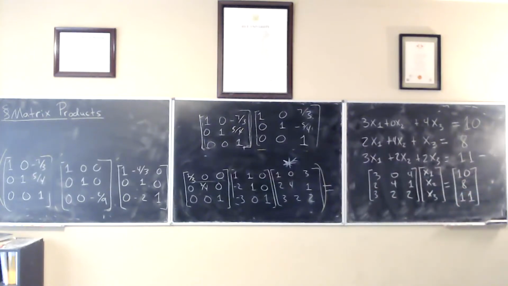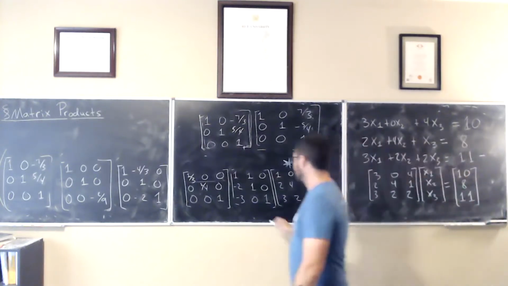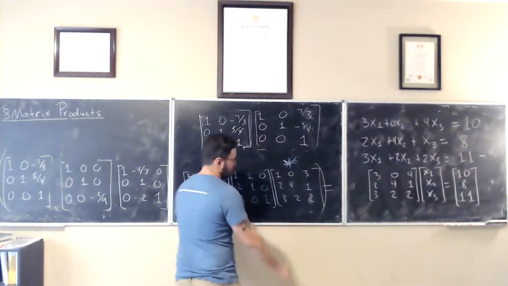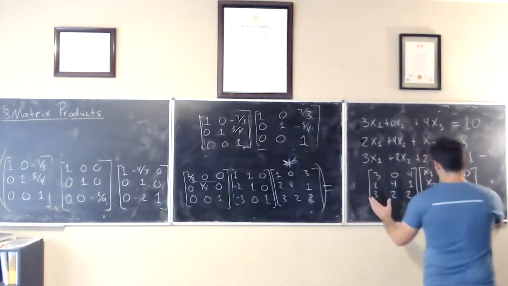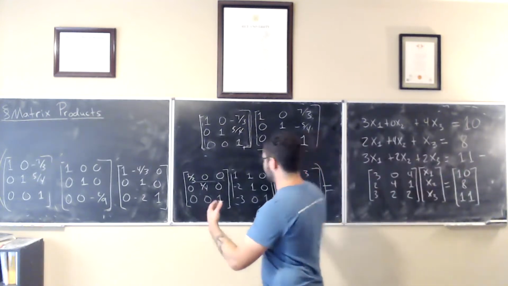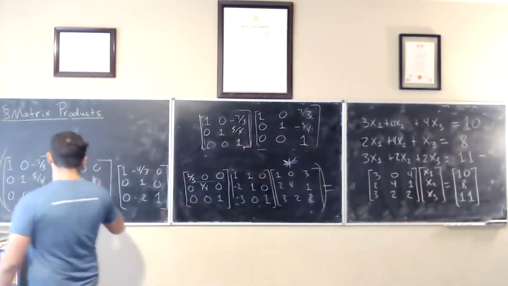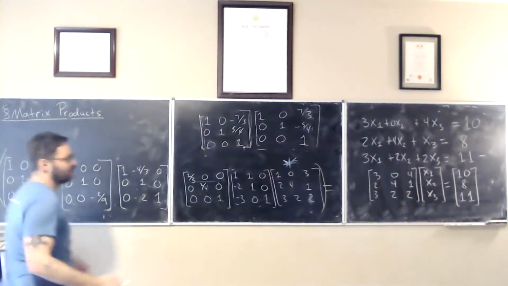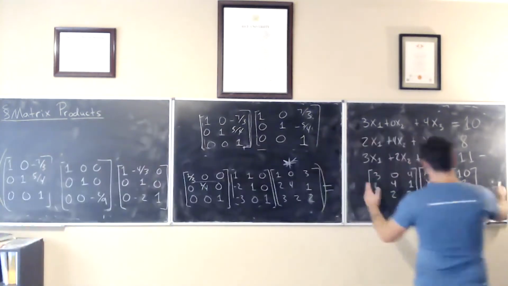So what happens now is that we can multiply this on both sides of this equation. Multiply this, and then this, and then this, and then multiply by this, and then by this, on both sides of this equation.